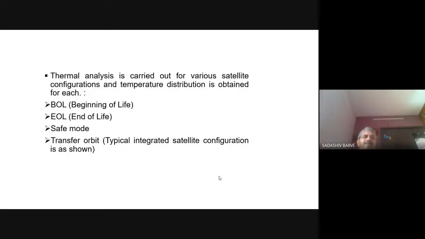Also, at beginning of life many payload related packages will be off, because the satellite would not have started its operation completely. So power dissipation inside the satellite is comparatively low, and you may experience low temperature at beginning of life. So you need to calculate beginning of life under such conditions, and end of life under the worst case condition.